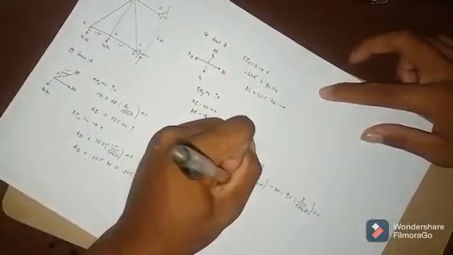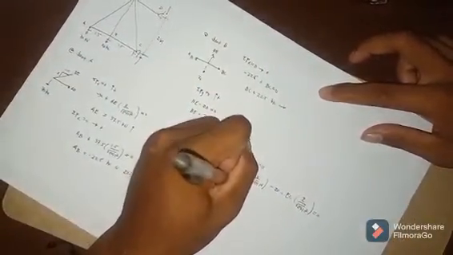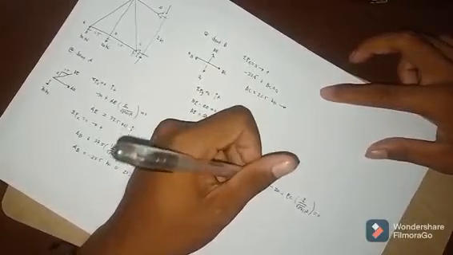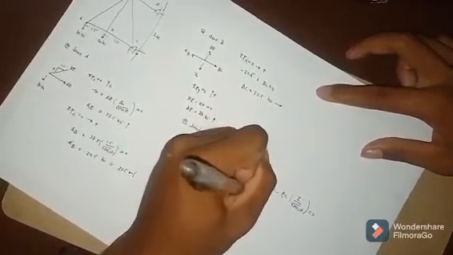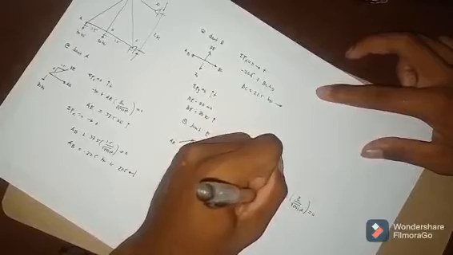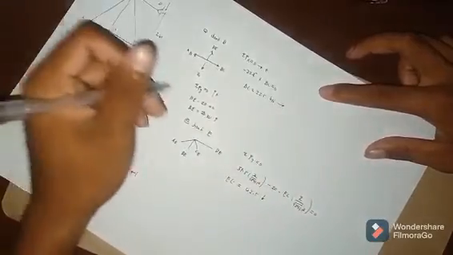So for AC, it is equal to 62.5 kilonewton, and it is facing downward.